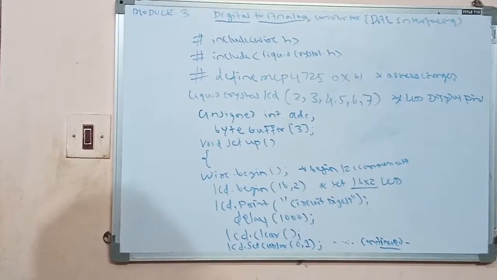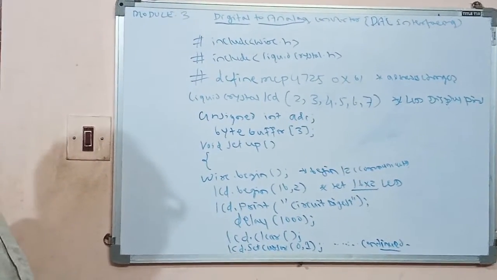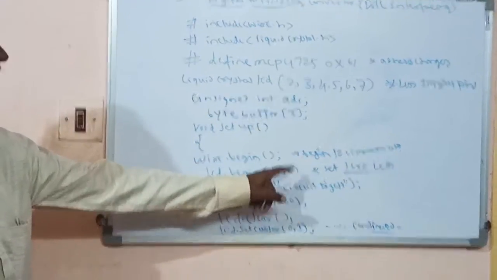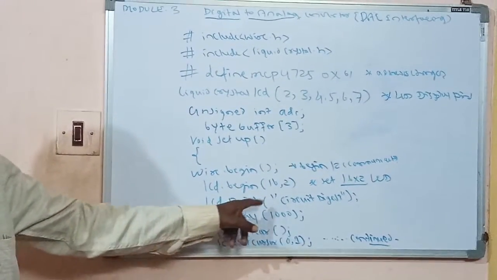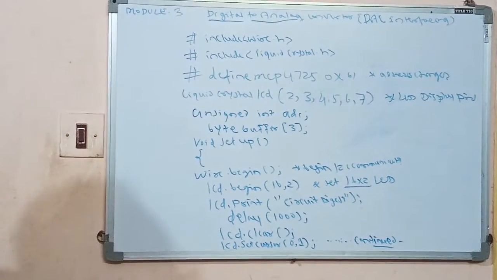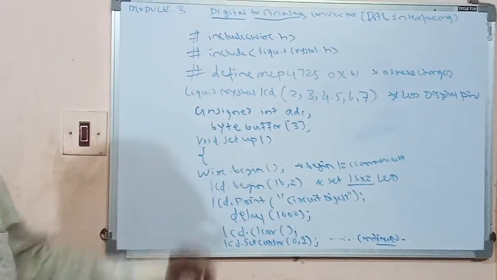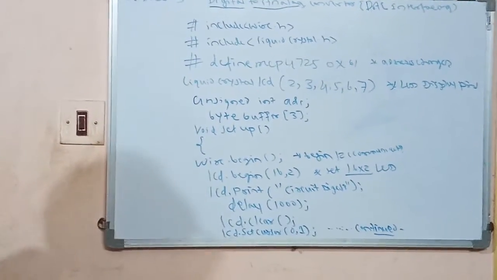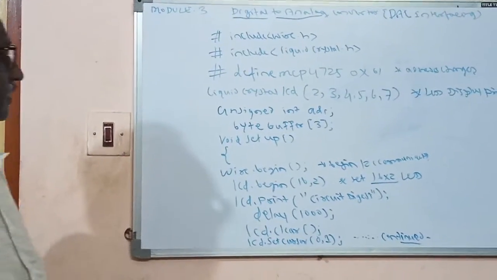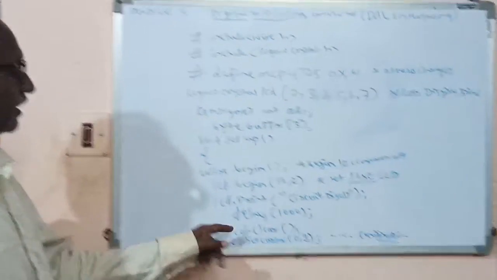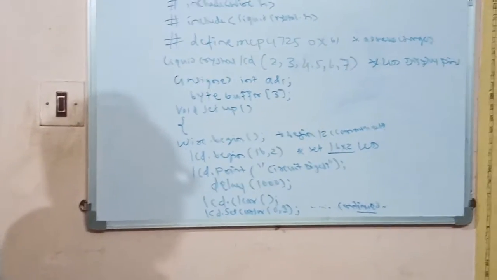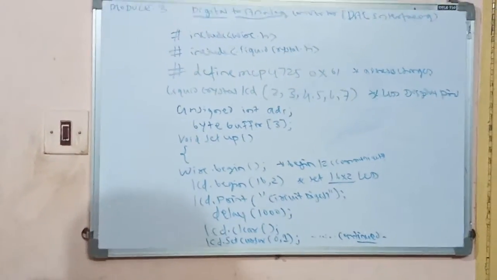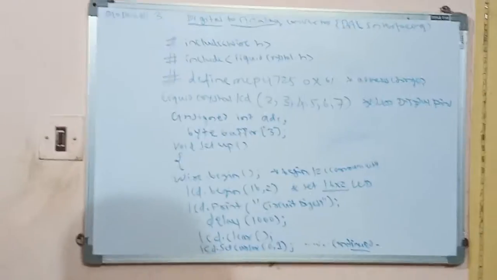Wire.begin, then you can declare, and lcd.begin, you declare the pins of LCD 16, 2. lcd.print circuit digest, and keep a delay between the blinking of these LEDs. Delay you can keep 1000 milliseconds, then lcd.clear, and similarly lcd.setCursor at the beginning 0, and next is 1.